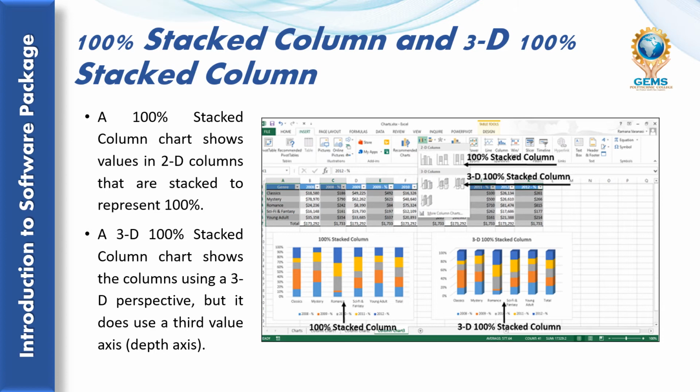In this image, the first one shows stacked columns representing 100 percent, and the 3D 100% stacked column shows columns in 3D perspective, but it does not use a third value axis. Here this is the 100% stacked column, and this is the 3D 100% stacked column.